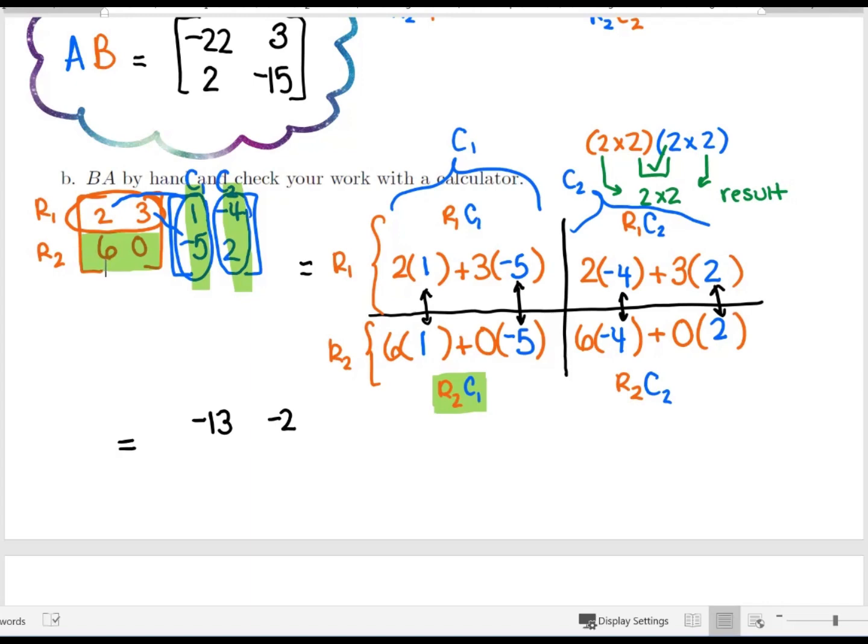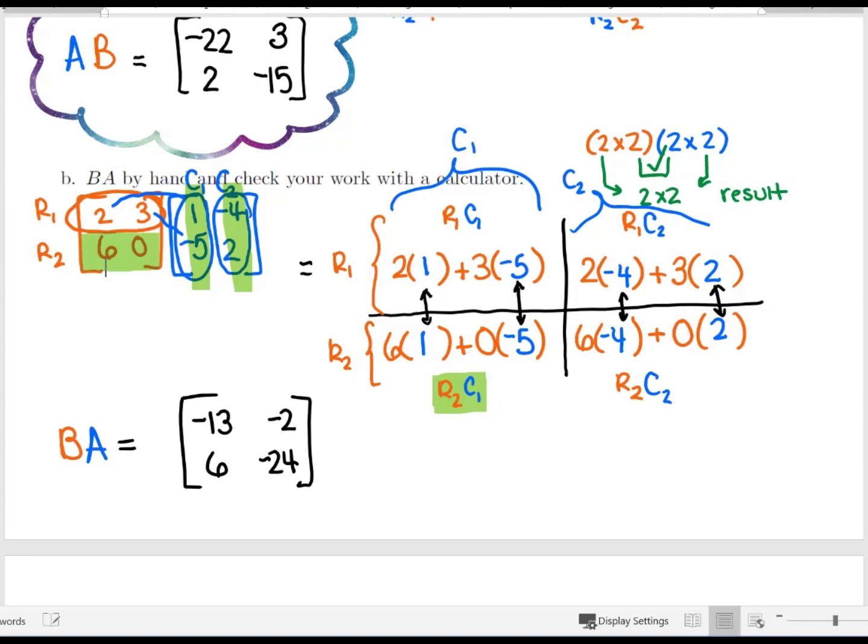Bottom left, row 2, column 1. 6 times 1 plus 0 times -5 is 6. Second row, second column. 6 times -4 plus 0 times 2 gets us -24. We just found B times A.